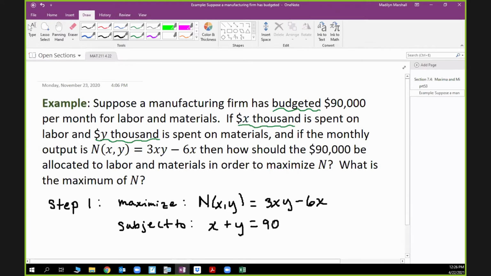Yeah, so X and Y are in thousands, so X plus Y should equal 90. For example, if X was 50 and Y was 40, that means we're spending 50,000 on labor and 40,000 on materials. So together those would make the $90,000 budget.